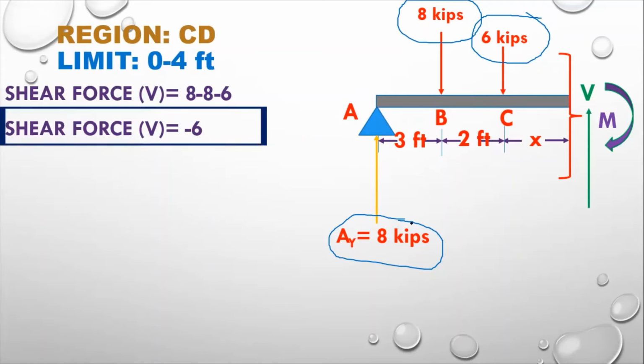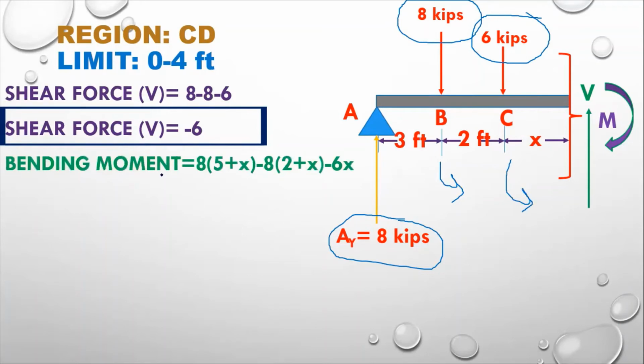And now we are moving towards the bending moment equation. What we have to do is multiply 8 by 3 plus 2 plus x, which means 5 plus x, and for -8 into 2 plus x, and -6x. So there will be three values we have to sum up, 8 into 5 plus x, because we will rotate it from here to here.